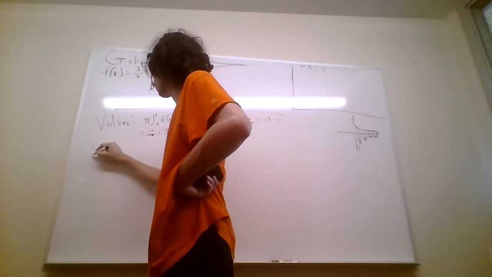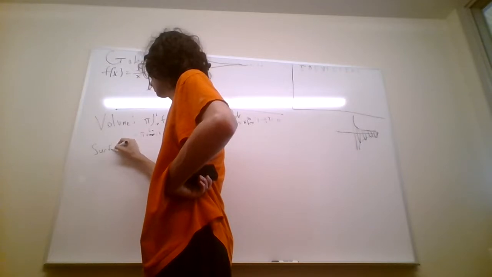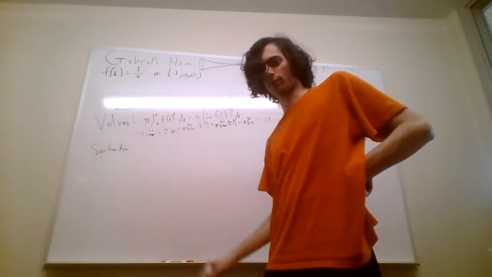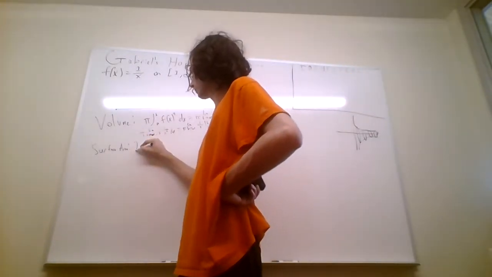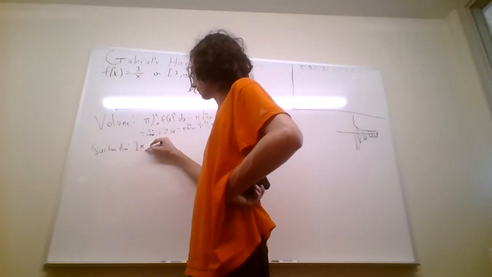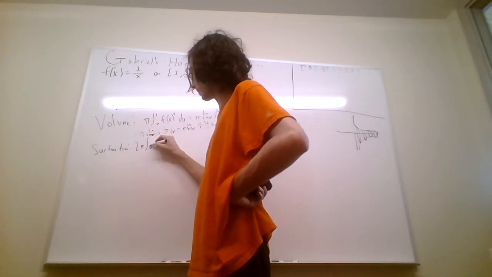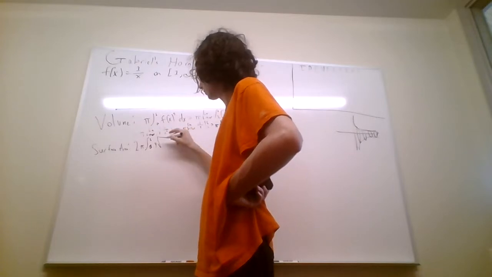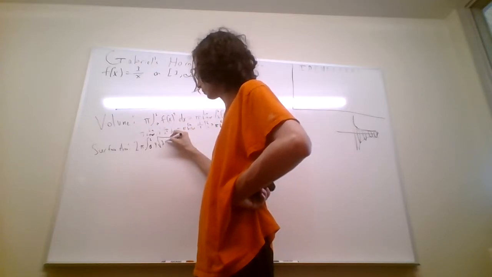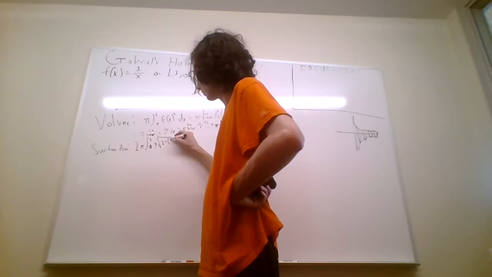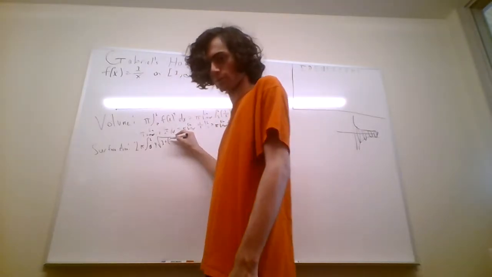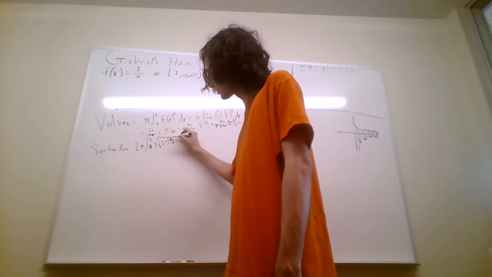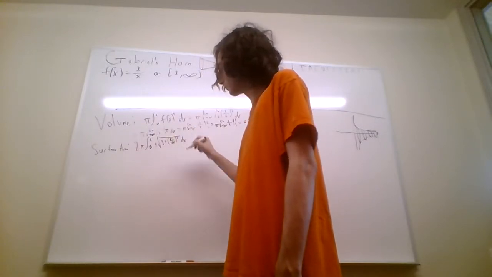If we do the surface area, the formula would be 2 pi integral from a to b of y times the square root of 1 plus the first derivative of y, dy/dx, squared, dx.